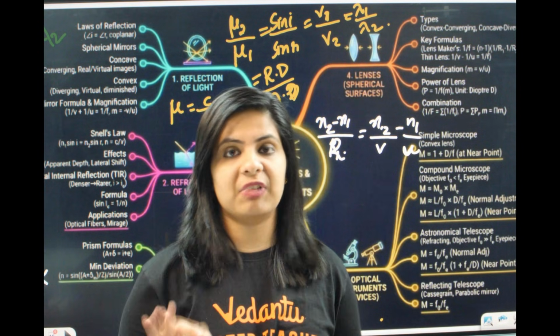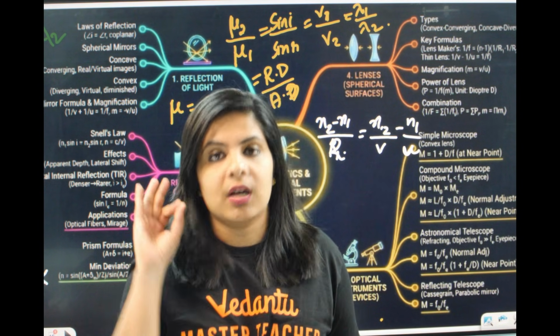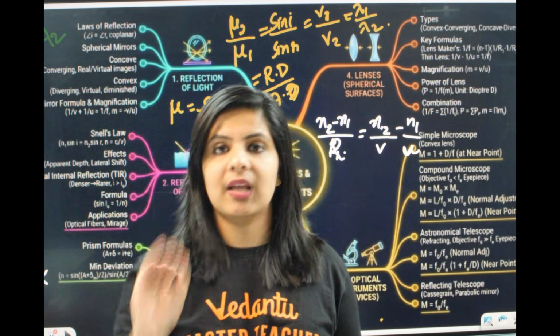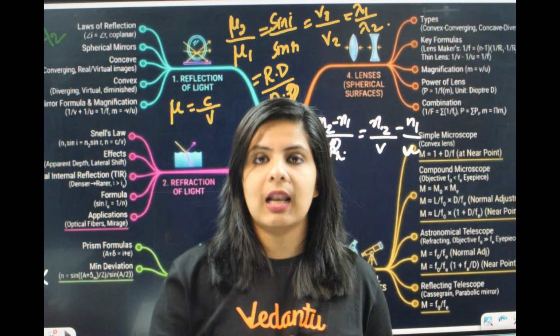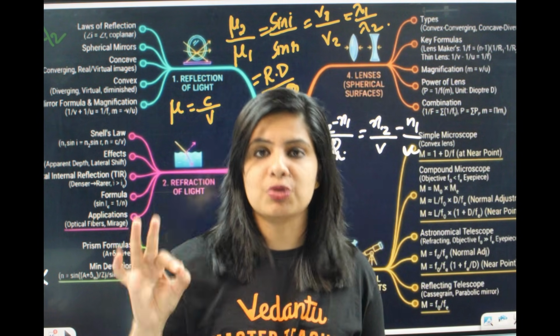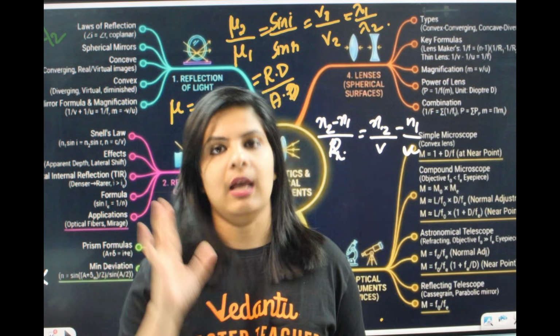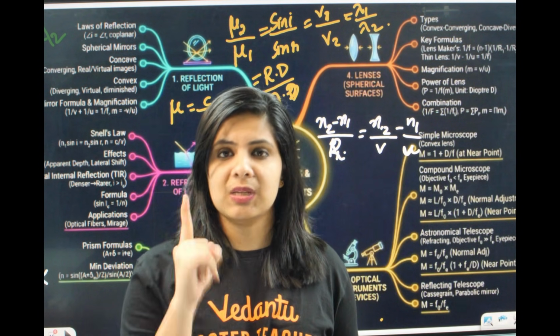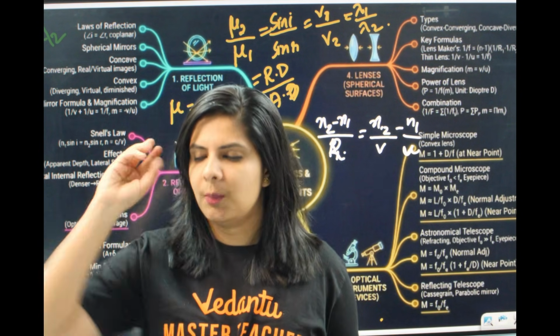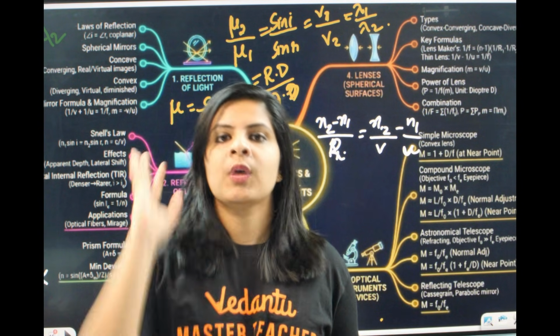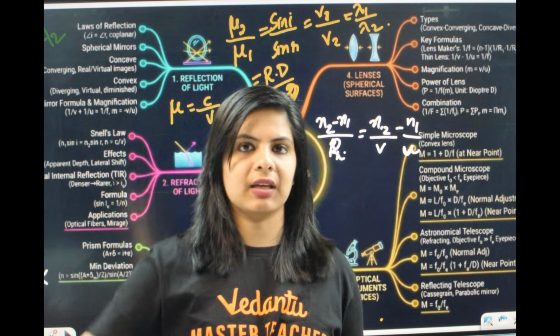Okay, most of the cases the teachers won't give a single mark, because without a diagram it is not possible to explain that scenario. So don't forget, you should draw the diagram and then go for the question. Okay, so without missing the diagram, if you want to draw it 3 times, 4 times, 5 times, if possible do it. Otherwise, you should have an idea how the diagram is supposed to be.